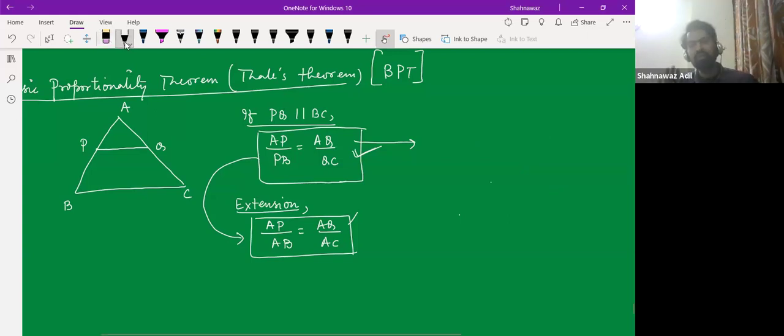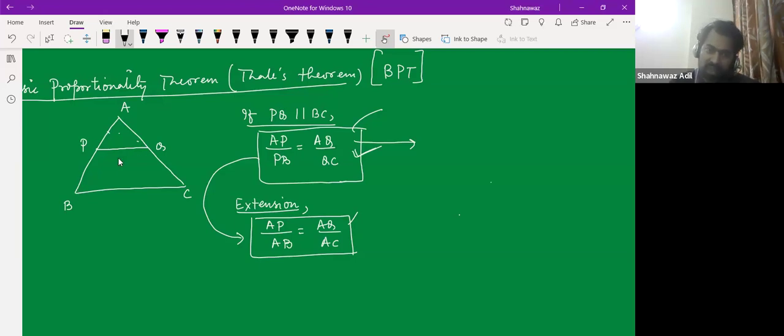Construction. So all those things we did to prove this theorem, right, guys? To prove this theorem, we used this construction. We draw the parallel lines, we join these two lines, and then we draw two perpendiculars. Then we calculated this area and again this area with different base.